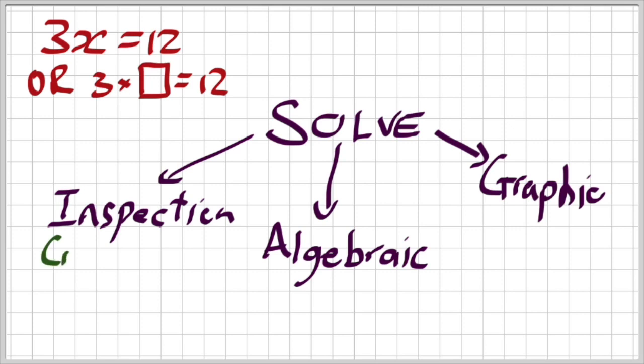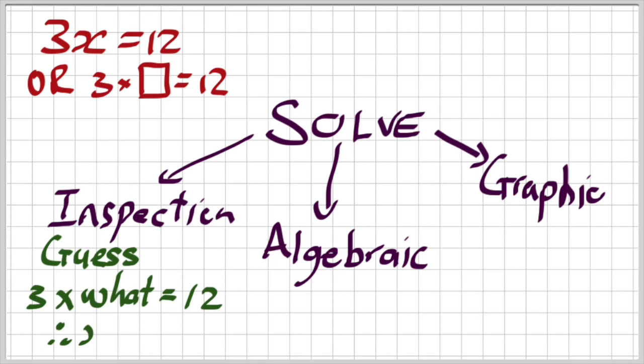Now, inspection, ladies and gentlemen, is a calculated guess. Like 3 times by what gives me 12? What is your guess? That x value must be equal to 4, because 3 times 4 is 12. So inspection is a guess.